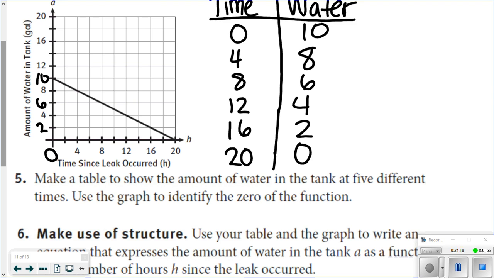The 0 of the function here is the x-intercept. And the x-intercept occurs at (20, 0).